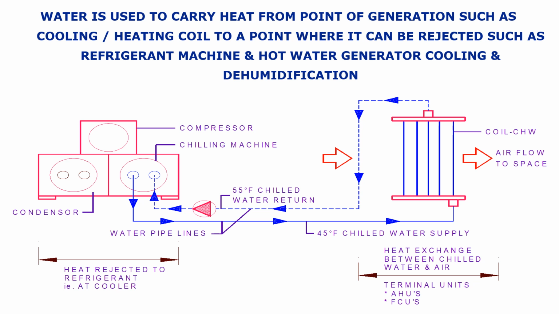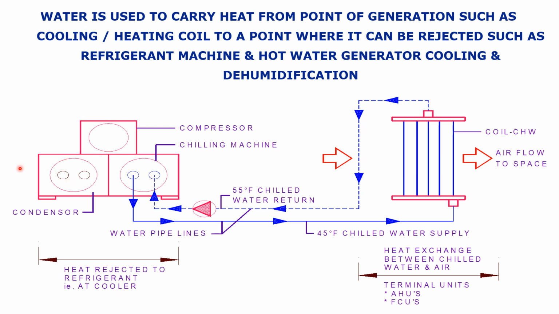In the hydronic system or any central air conditioning plant, water is used to carry the heat from the point of generation, such as for cooling or heating, which I had explained, to the point of heat rejection, such as the refrigeration machine or hot water generator or the chiller for cooling or dehumidification. Here you can see there is a coil, a fan coil unit or air handling unit, and the heat generated in the room is carried to the chiller or a hot water generator, and then it is rejected to the condenser.